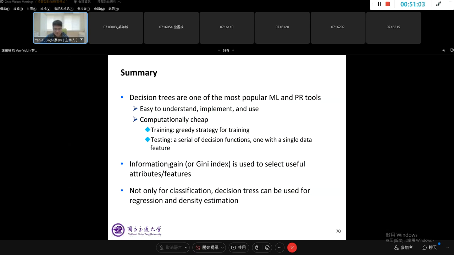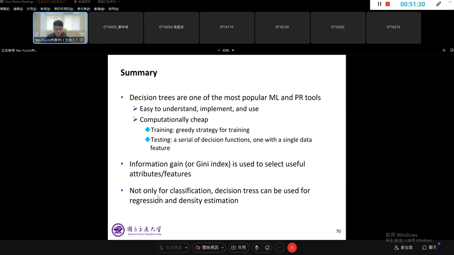Information gain is widely used to select the useful attribute or feature during tree construction. In the literature, a Gini index is also widely used. It is another criterion, but the idea of information gain and the Gini index are similar. In this lecture, we talk about information gain. If you are interested in Gini index, you can check Wikipedia.